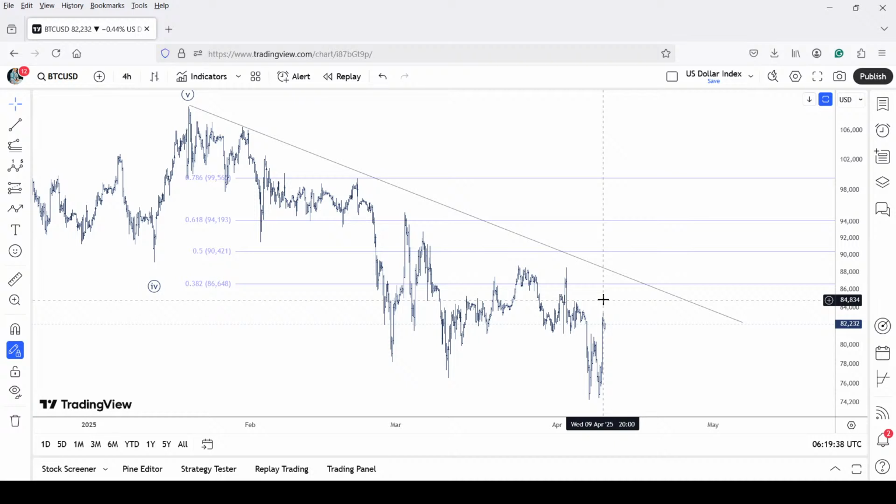So if that's the case, then Bitcoin would go and print one more low, towards the 69 levels. So aggressive traders might want to initiate partial shorts now itself and keep some room to sell higher around the 88 and 93 zone. But we will still want to wait until the 93, 94 zone to issue a sell call or a short call into the portal.